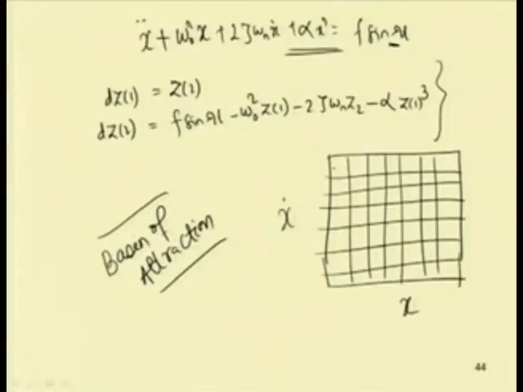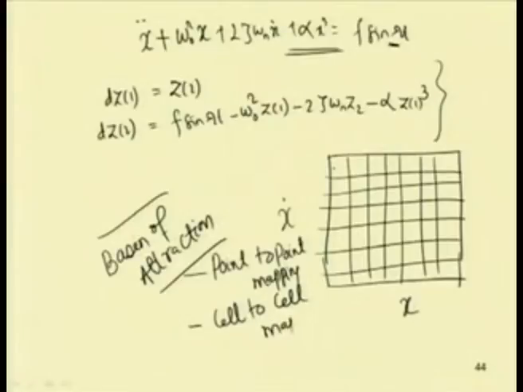There are several methods to plot this basin of attraction, which we will study in a later module, but one may note that the methods may be the point to point mapping method or the cell to cell mapping method. So, one can use either to plot this basin of attraction for a nonlinear system to find all the equilibrium positions.